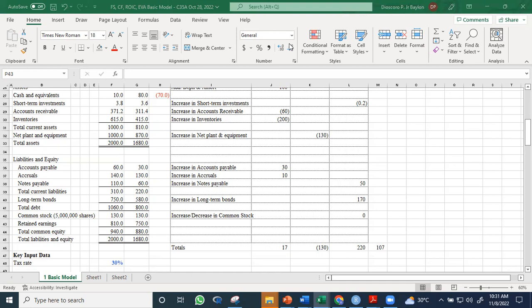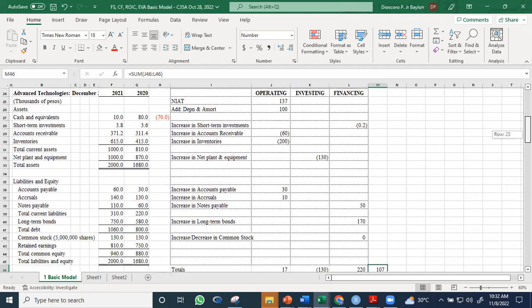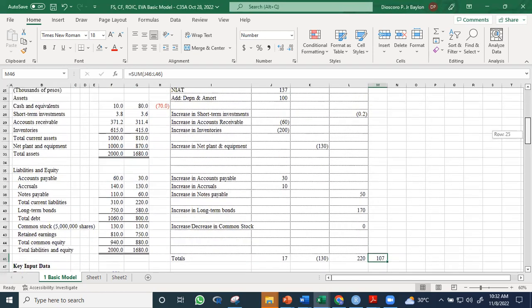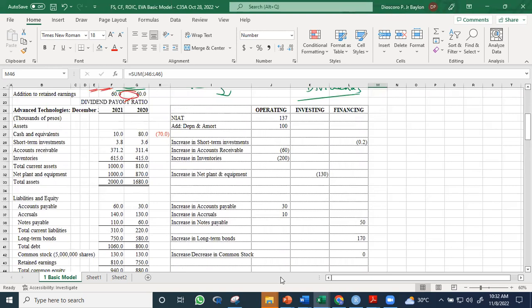Is it the same, class? No, it's not the same. Which means that we still need to work on our template. Until this becomes negative 70, we're still not done yet. So there may be some items that are still lacking here.